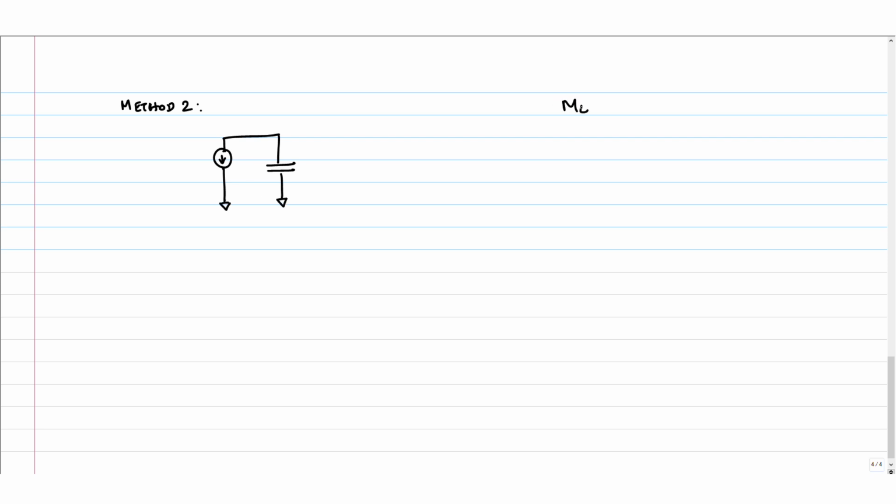Method 1 is, you had a thing like this, R equivalent into CL. Now what is the time it is going to take to discharge? This current is I naught, by the way.